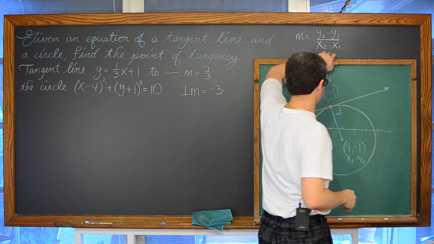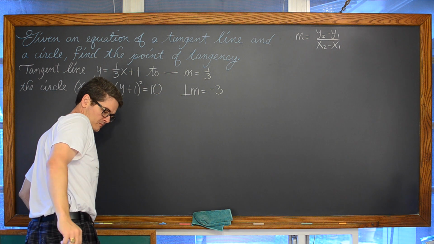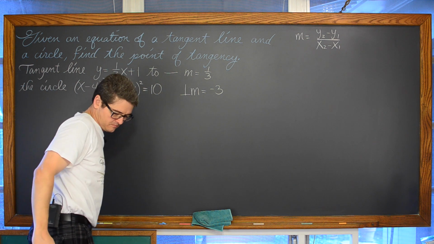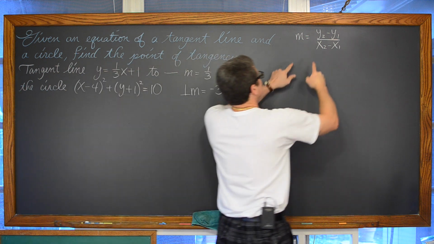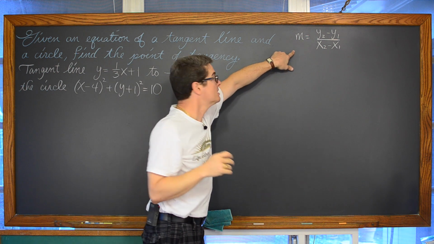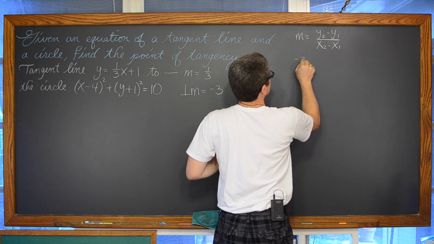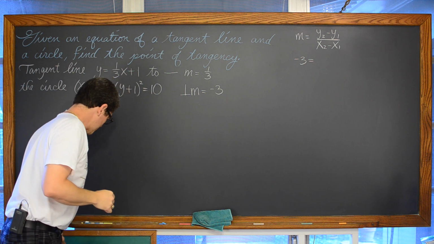Okay, so we have the slope of that radius was -3.